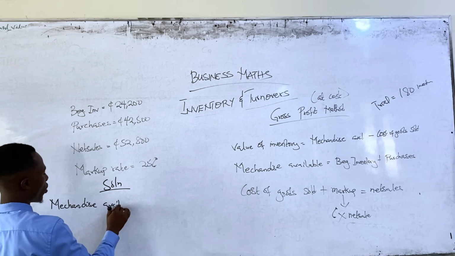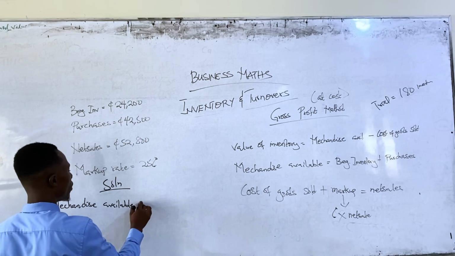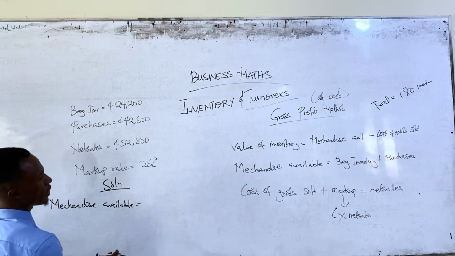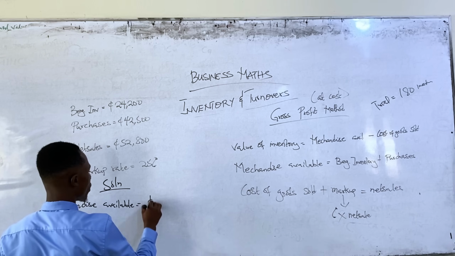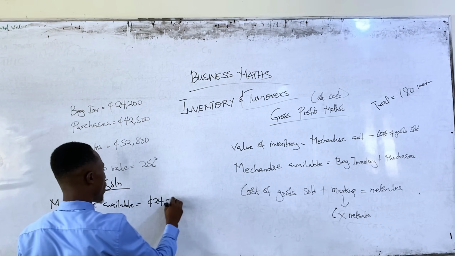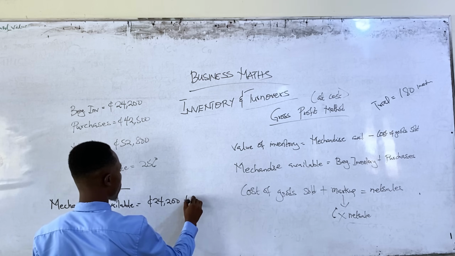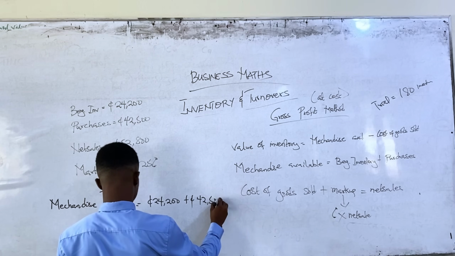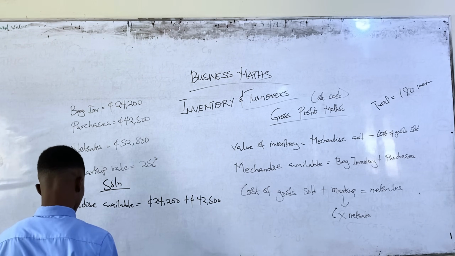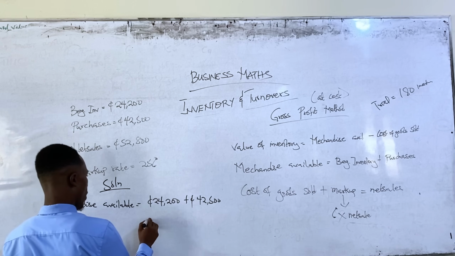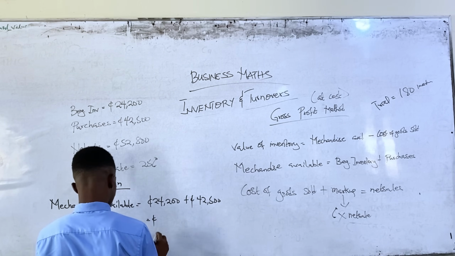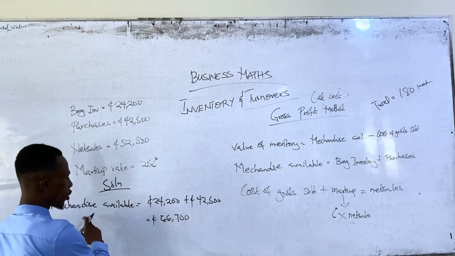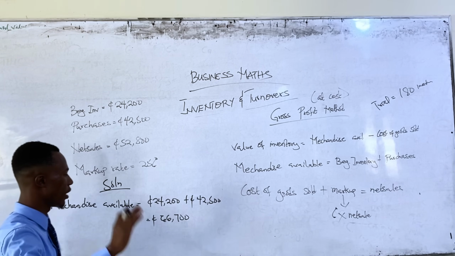That will be equal to your beginning inventory, 24,200, plus your purchases, 42,500. So your merchandise available for sale is 66,700.